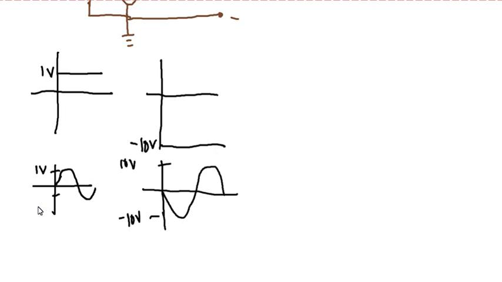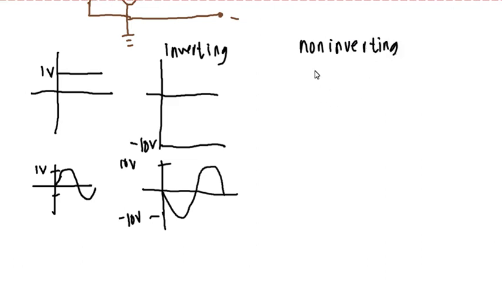So, this time, if we will have a non-inverting. If this is our input for inverting, what will our output be for non-inverting? Okay, for non-inverting, given the same input, our output will be somewhere here. Positive, this will be 10 volts.